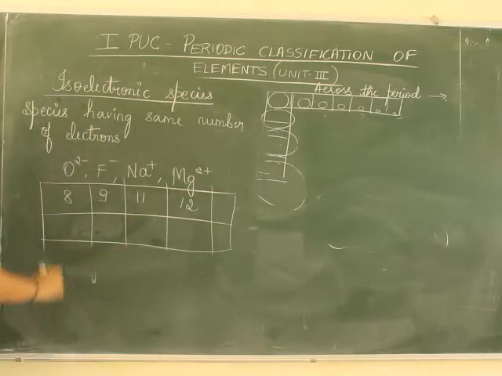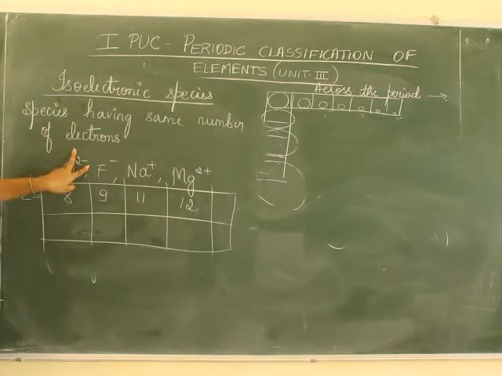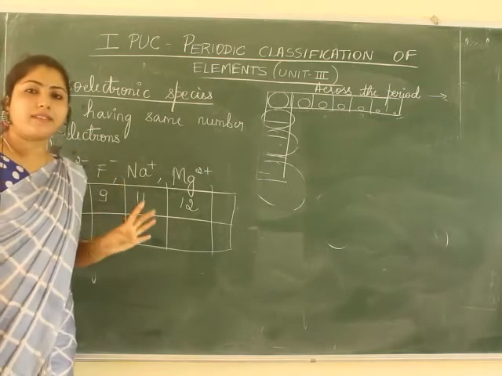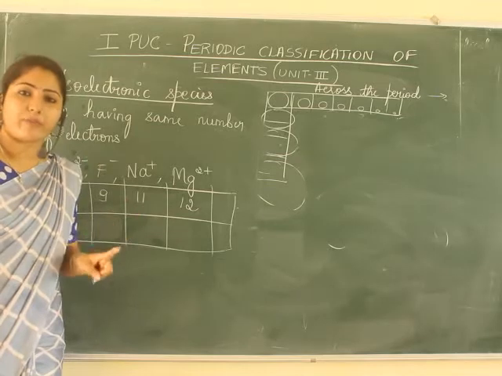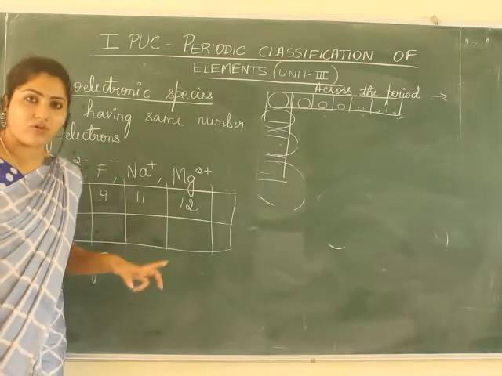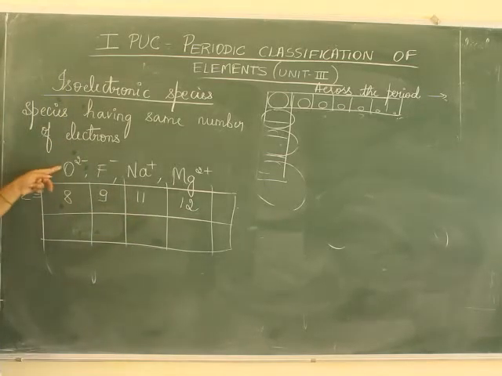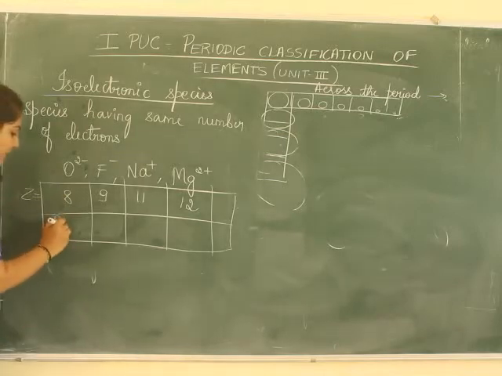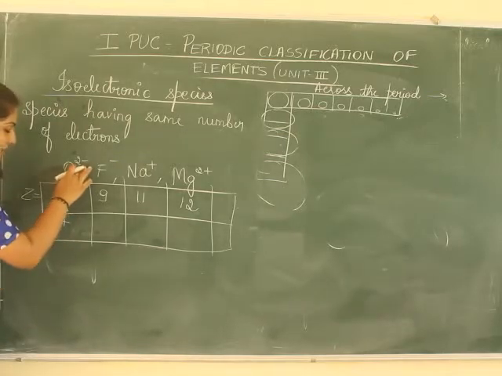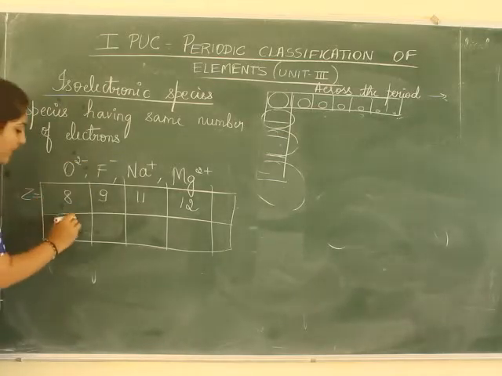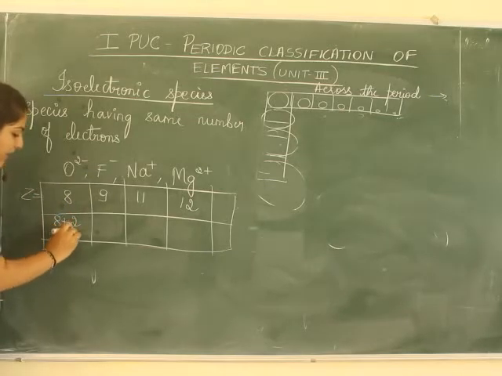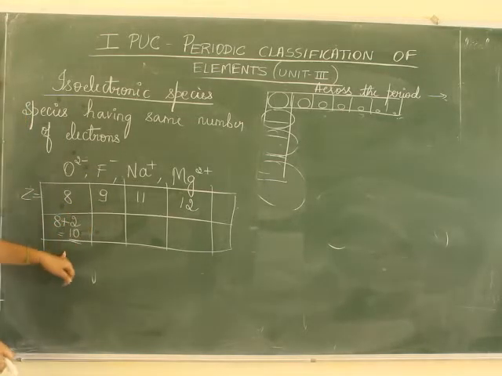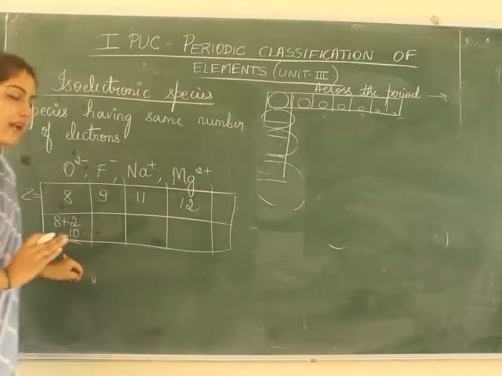Its atomic number Z. Now see, oxygen has 2 extra electrons. That means first it had 8. Atomic number means number of protons, which is equal to number of electrons also. Oxygen had 8 electrons. Now it has gained 2 extra electrons. So 8 plus 2, 10. Now it has 10 electrons.